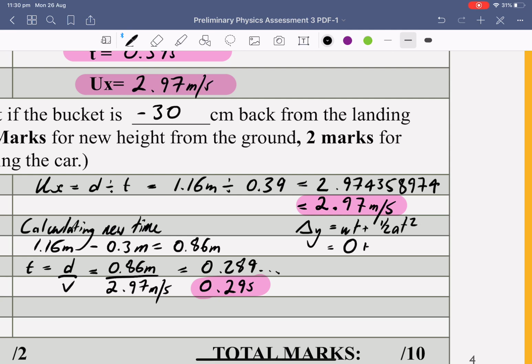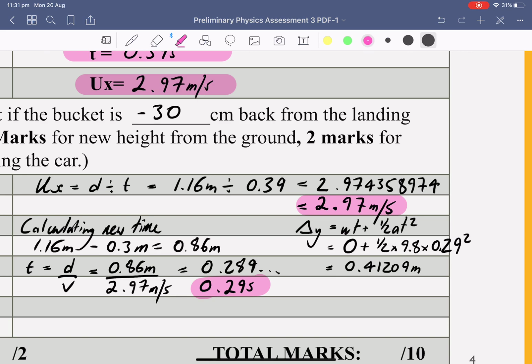So we go 0 plus a half times 9.8 times 0.29 squared. If we put that in our calculator, 0.5 times 9.8 times 0.29 squared, we get 0.41209 meters. So the projectile will fall that far.